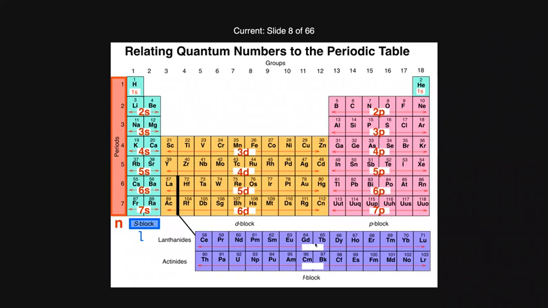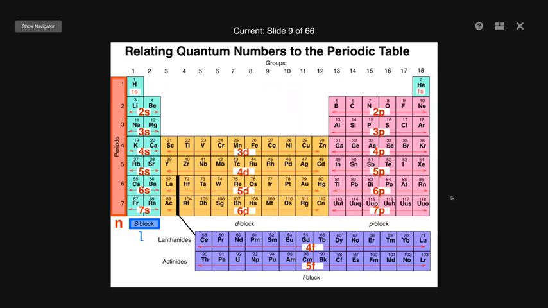Because only when n equals 4 are you going to have the possible values of l equal to 0, 1, 2, 3. And this is s, p, d, and f. So that means the f orbital starts when n equals 4. Therefore, you are going to see that this part right here is going to start from 4f and then 5f and so on. All right, so that's how the quantum numbers are related to the periodic table.